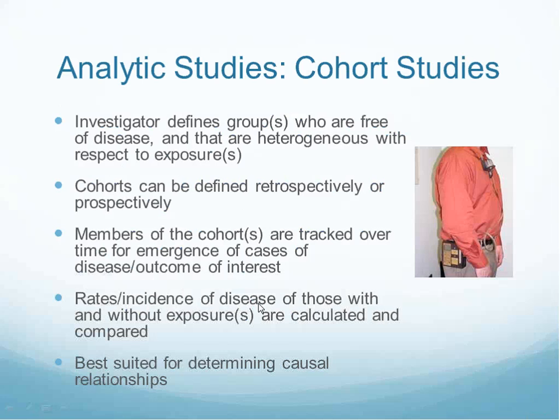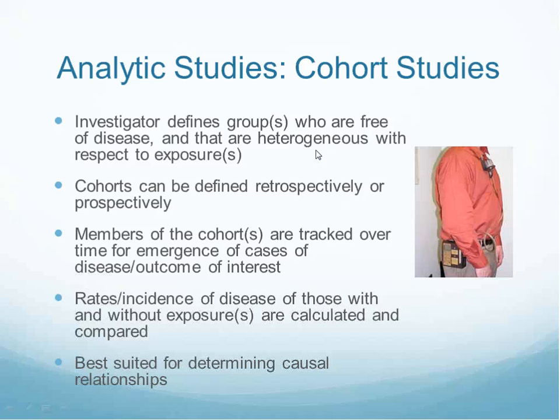It would be difficult. Okay, so moving on to cohort studies. So this is compared to a case control where you start with disease and go back and look at exposure. Here with a cohort study, you're starting with exposure and then you look for disease. So you look at a population that's free of the disease or outcome of interest and have a range of exposures.